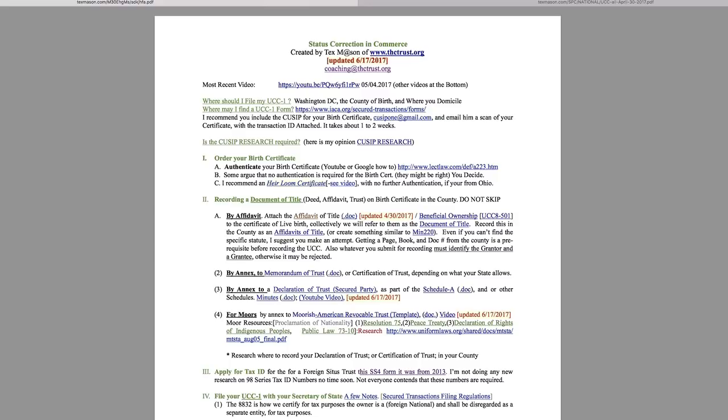So how am I using that in commerce as an affidavit of title? So then I got to demonstrate to him, which I'll be talking about here in a certain area, that the affidavit of title over the particular estate evidenced by the certificate of live birth and the material fact of the QSIP search results attached thereto creates a collateral interest.